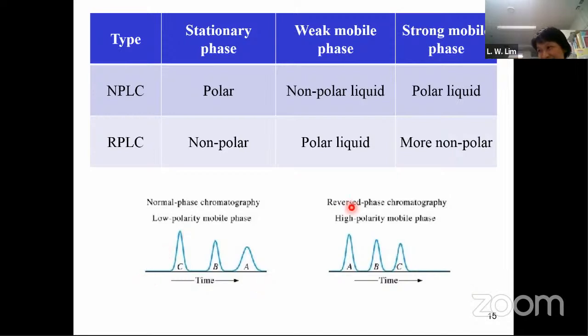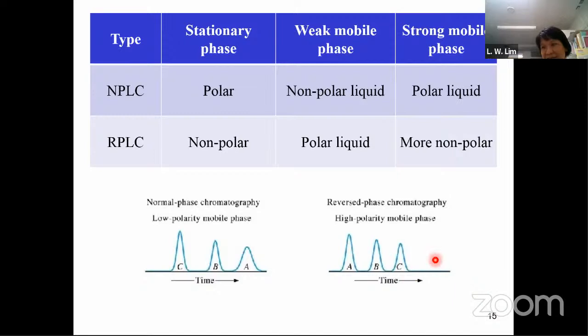When we use reverse phase, it is actually opposite: A, B, C will come out in the opposite order. This is something you just need to remember for these two totally different systems. When the polarity differs, it usually goes the opposite way: C, B, A in normal phase, and in reverse phase it becomes A, B, C.